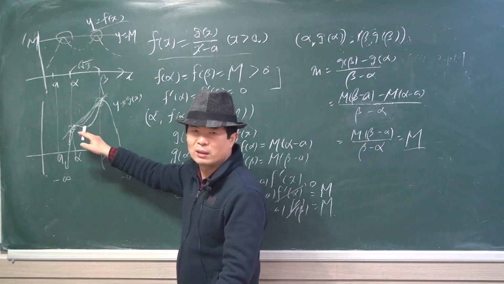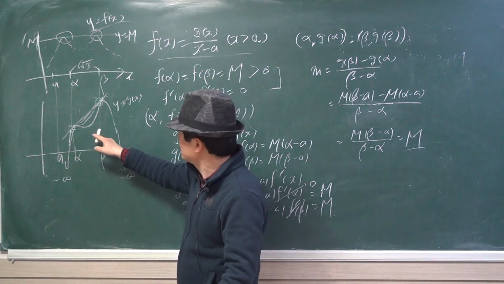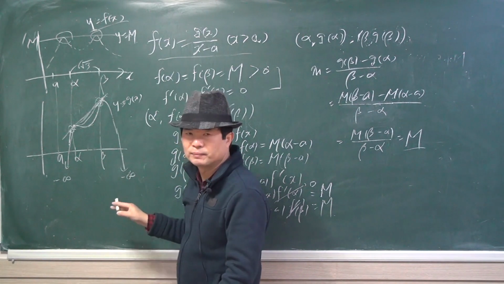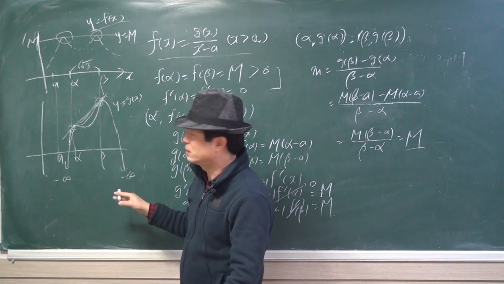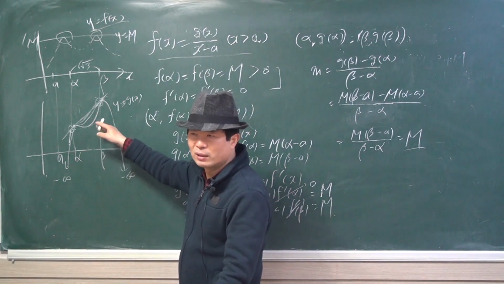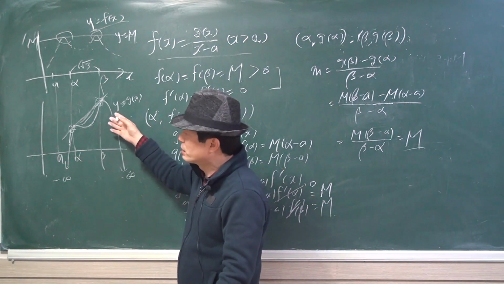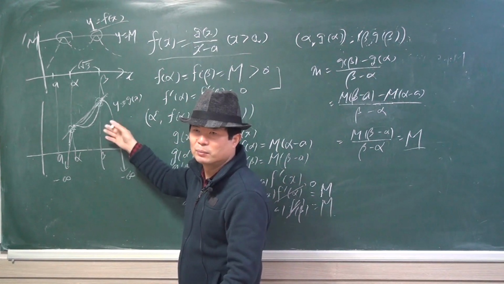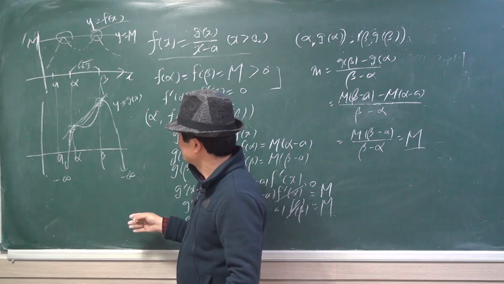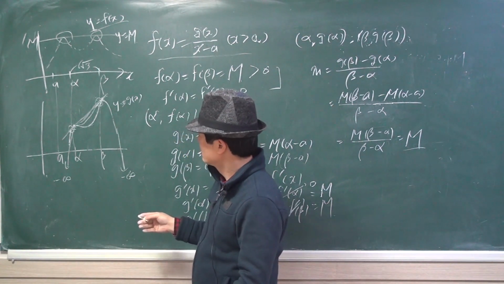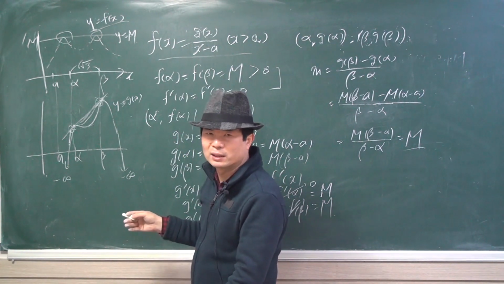So there are 3 possibilities for this function, and we have to decide which one is right for the requirement of the problem. That is our big task.